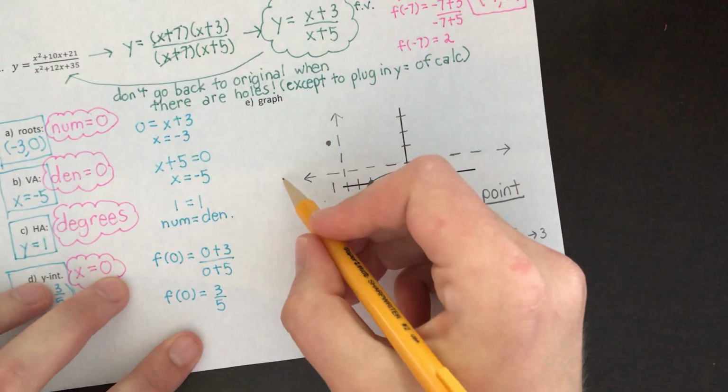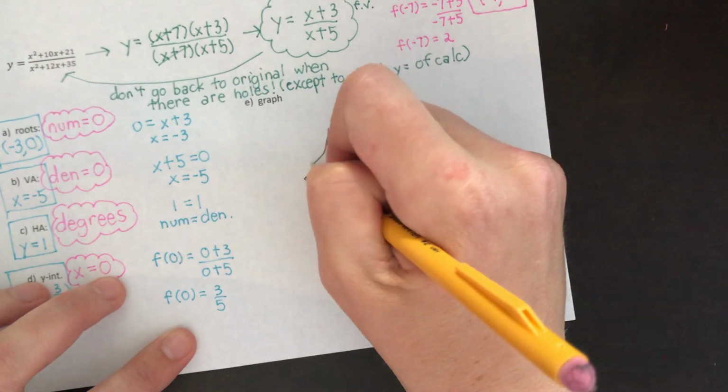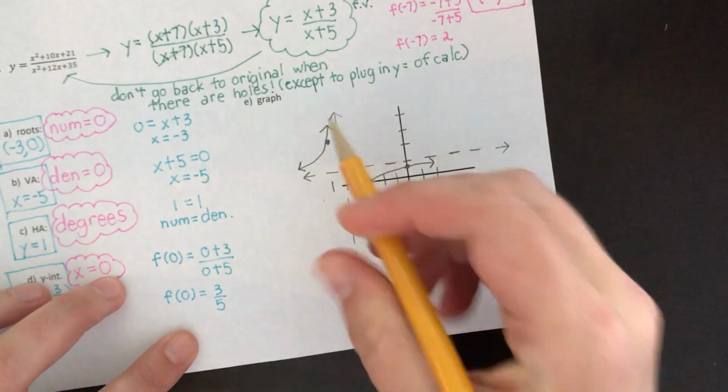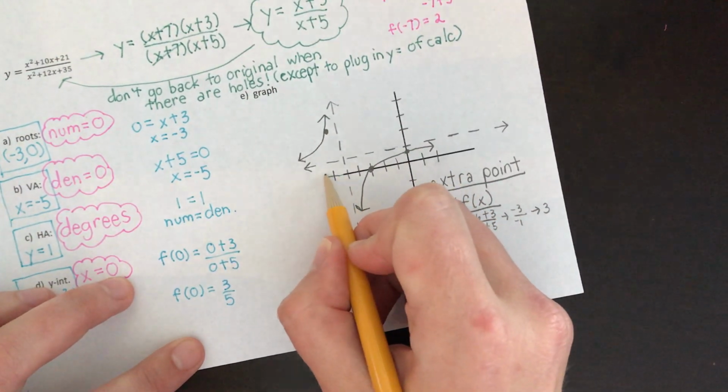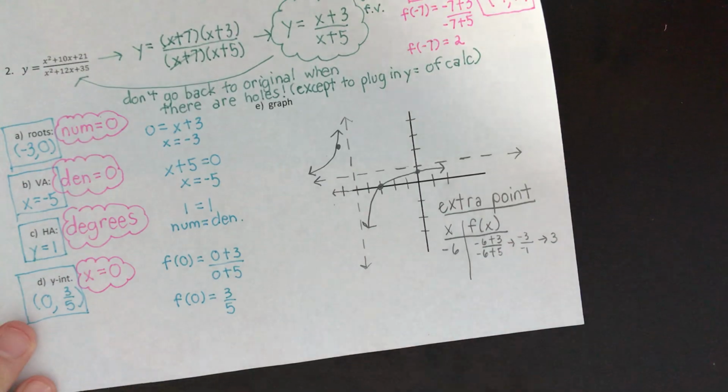So that means we're in this quote-unquote quadrant here, this part of the box here. So that means I can't have a piece down here because that would make a non-function. So that's all there is to it.